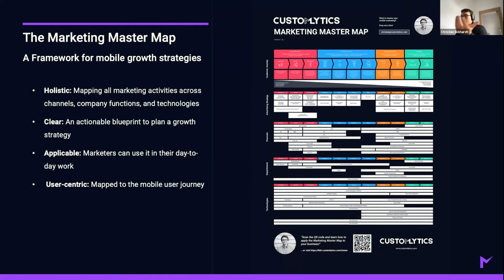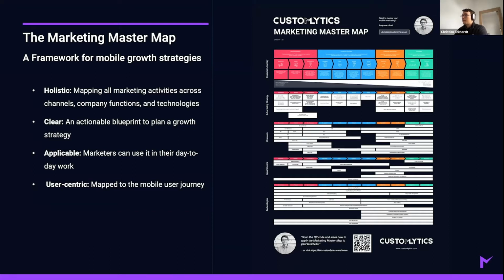And we've learned that none of them really works out for us. And then we did, as is how a lot of startup founder stories start, our own, because we figured out that there's actually none in the market that we really think is suitable. So we created the marketing master map, which is, first of all, holistic. It has all the steps in the marketing lifecycle of a user.